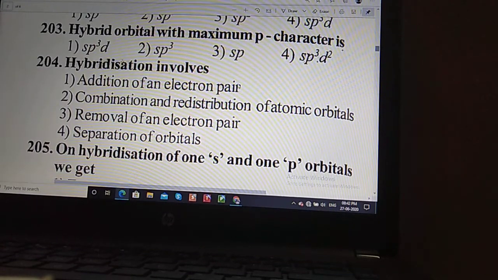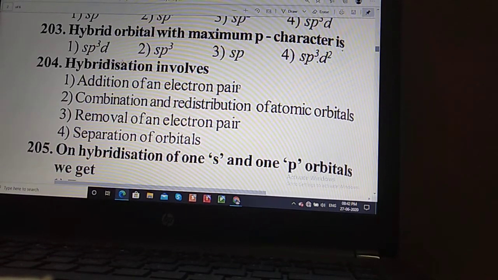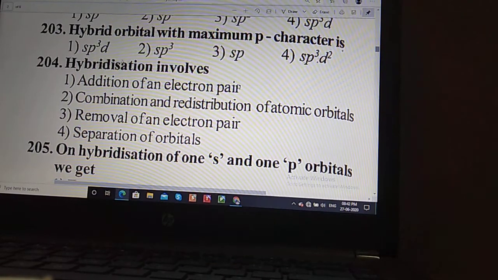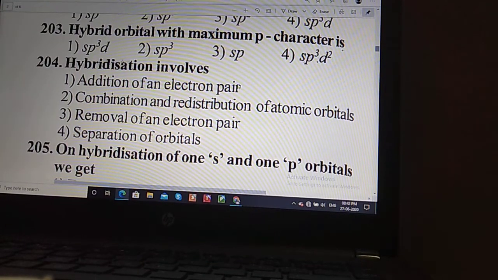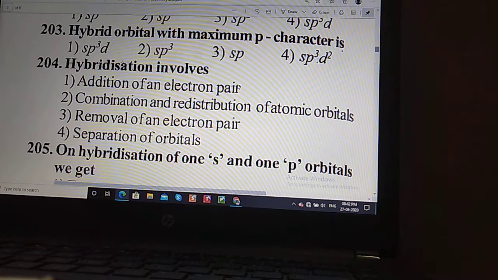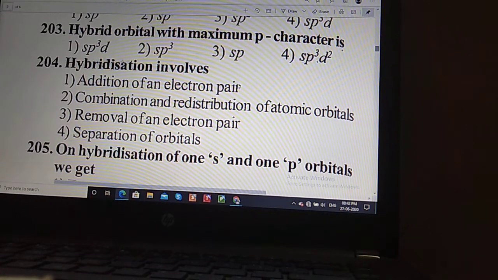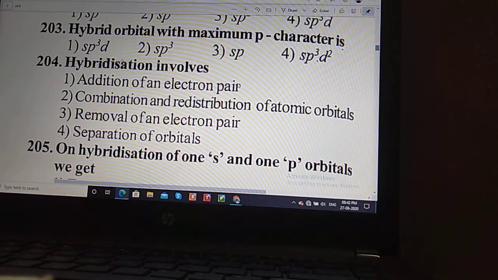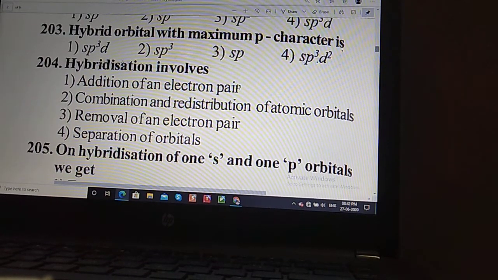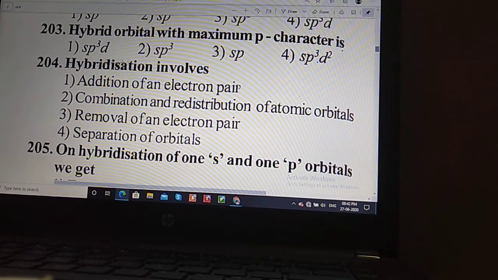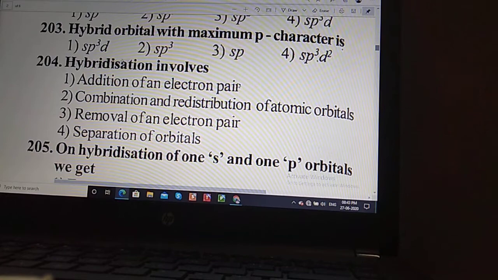Hybridization is the intermixing of orbitals, so hybridization involves combination and intermixing, both are the same. When the orbitals combine and intermix together, they form new orbitals, and the new orbitals have the same energy and same shape. So the correct option is option number 2, combination and redistribution of atomic orbitals.